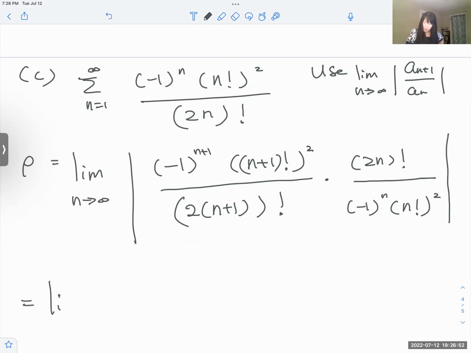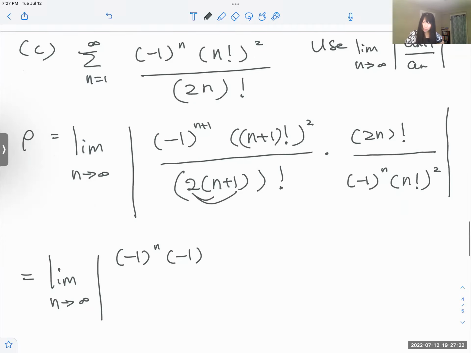Can you see that this one we're going to split: negative 1 to the n power, then negative 1 to the first power. Let's just leave it like that, and then we distribute to this one.